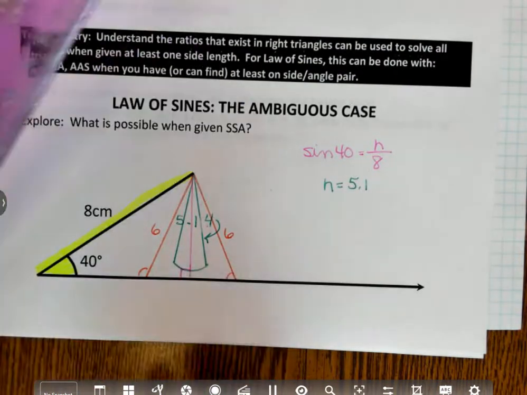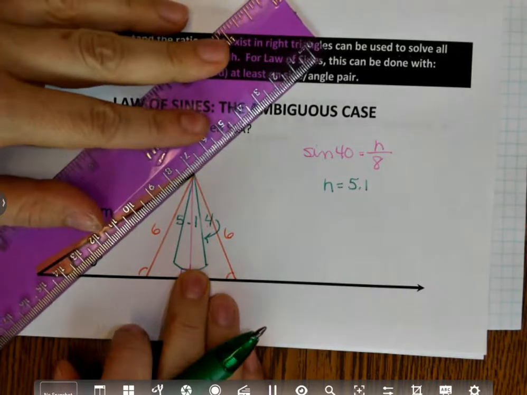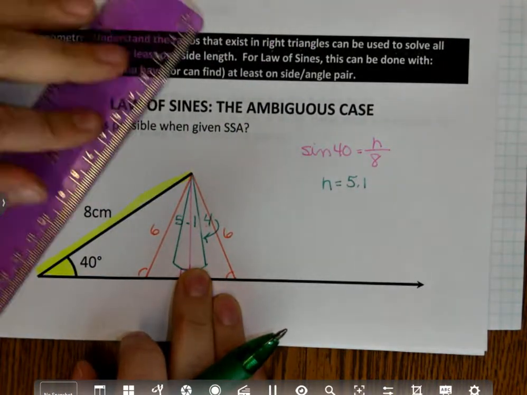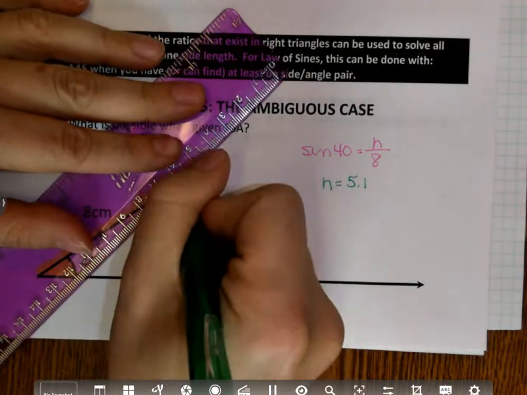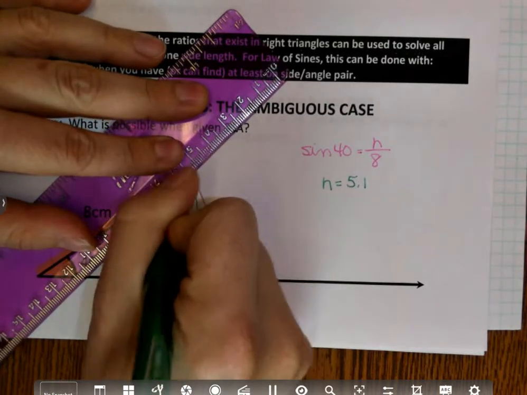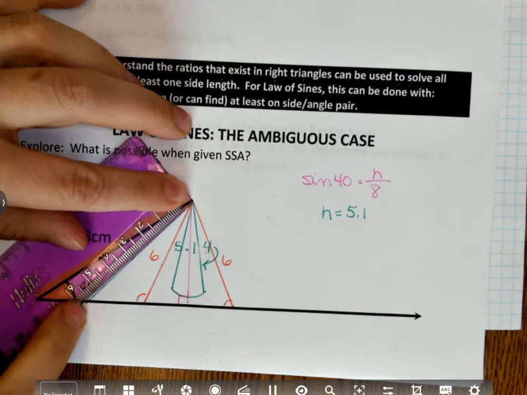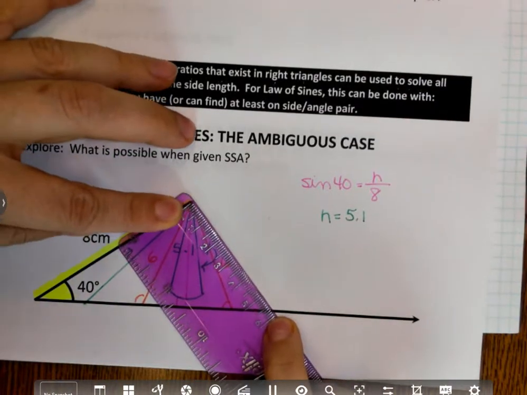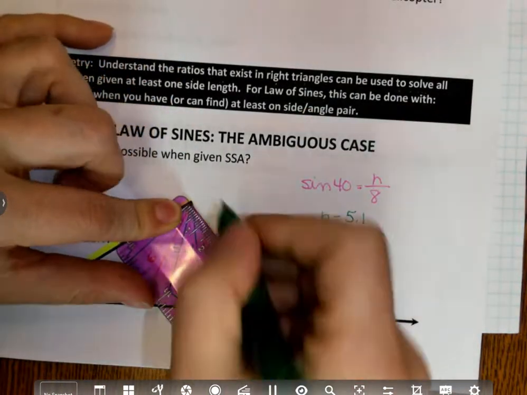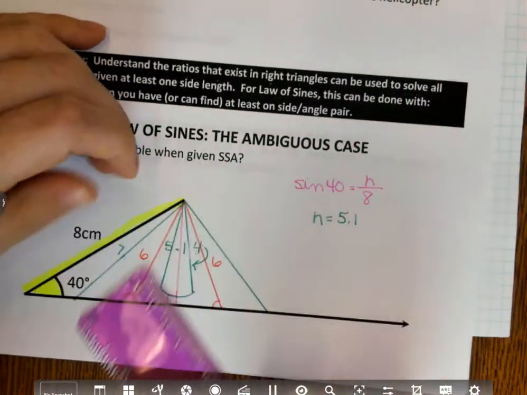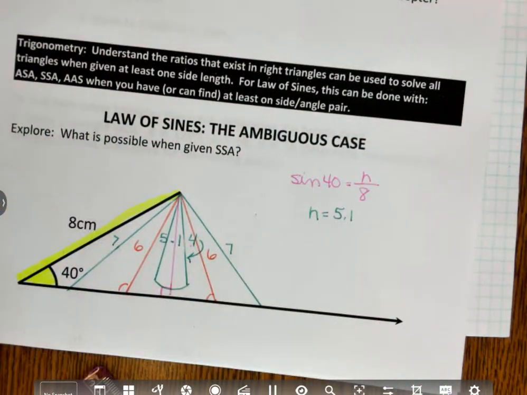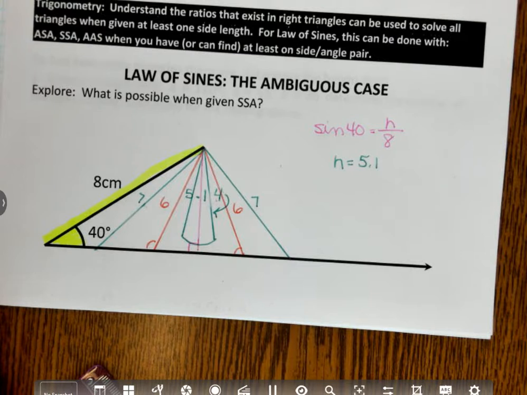What about 7? How many triangles could I make if my length was 7? 2. So if I do 7, I still have my option for 2 triangles. So that would swing over here. And I could have 7 go either way.